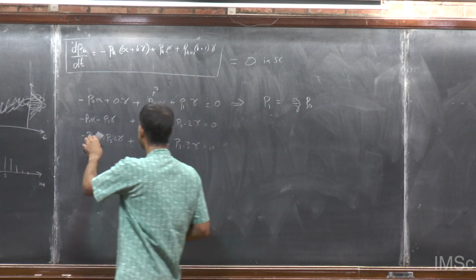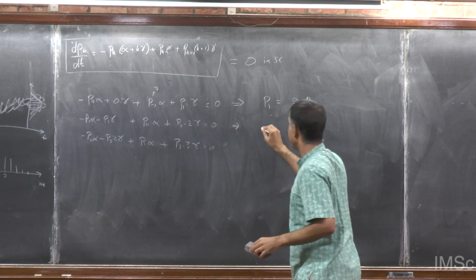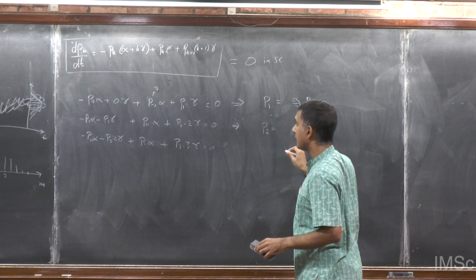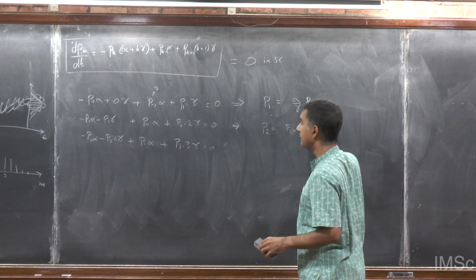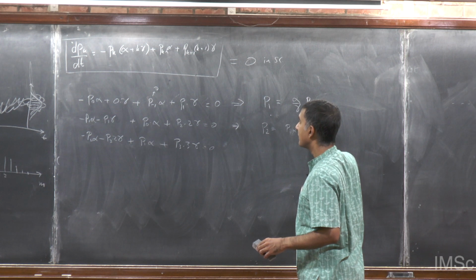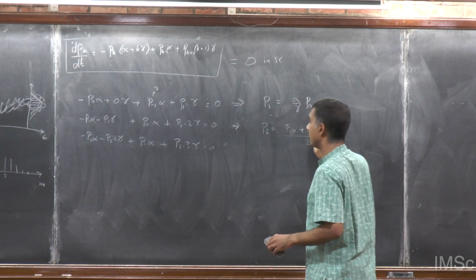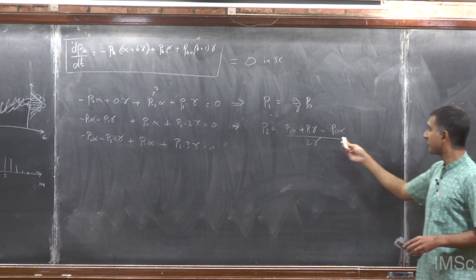Now according to this equation, p2 is equal to p1 alpha plus p1 gamma minus p0 alpha, over 2 gamma. So then we're going to have to plug in p1 over here.